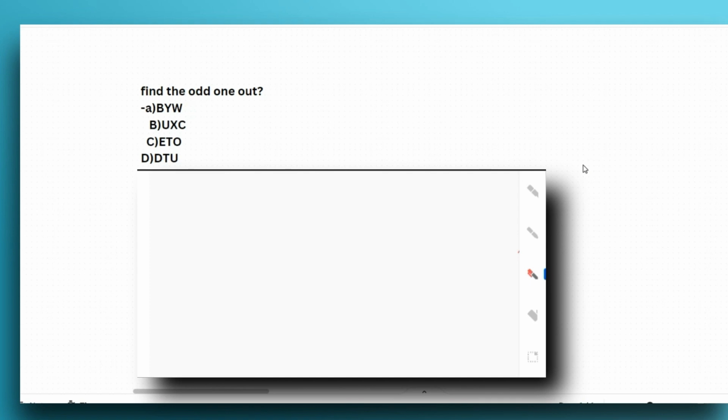Okay, so find the odd one out. In this case, we have to know the place value very well, right? Because let me show you: BYW, UXC, ETO and DTU, right? So B is 2, Y is 25, and W is 23.